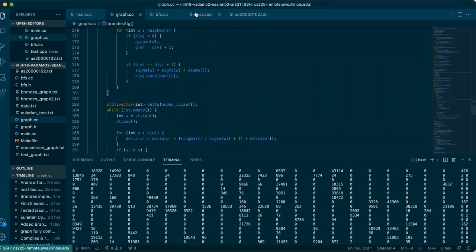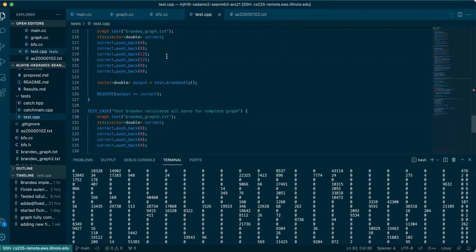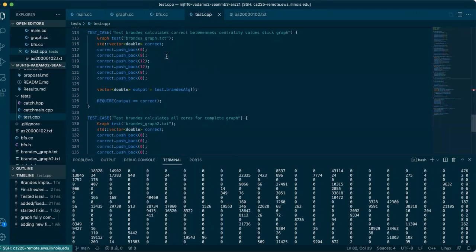As far as the testing went, there were two main cases that we were concerned with. It was a little bit hard to tell, as you can see in the output there. It was hard to manually calculate values and what they're supposed to be. So we made a smaller graph that is stick shaped, so it'd be a lot easier to manually determine the correct values for each node.